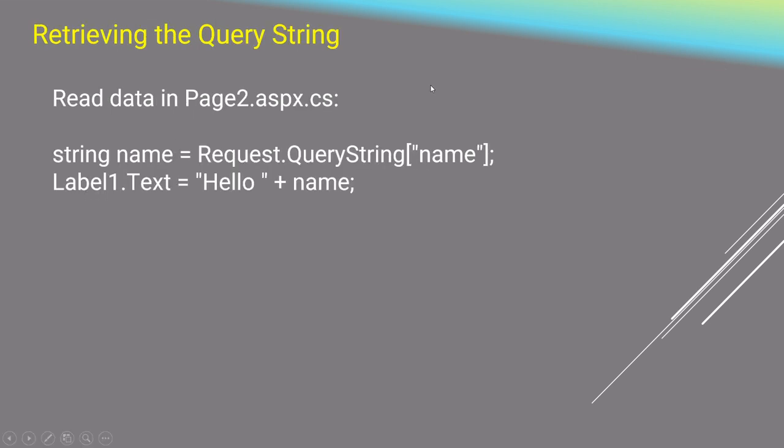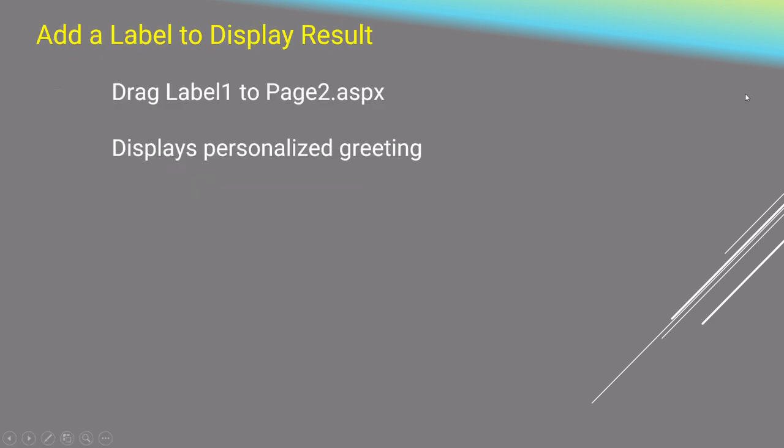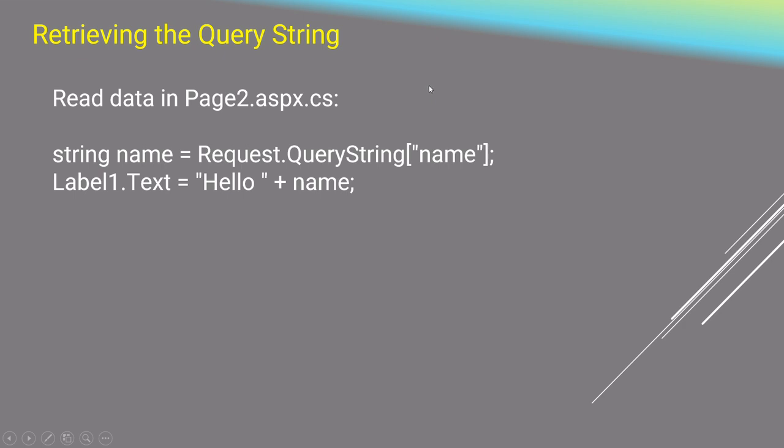To retrieve the query string value in page2.aspx.cs, use string name = Request.QueryString["name"]; Label1.Text = "Hello " + name. This extracts the value for the name key from the URL and displays it using a label control.